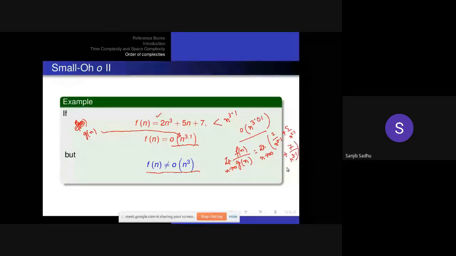So if n tends to infinity, what will be the value? Tell me.